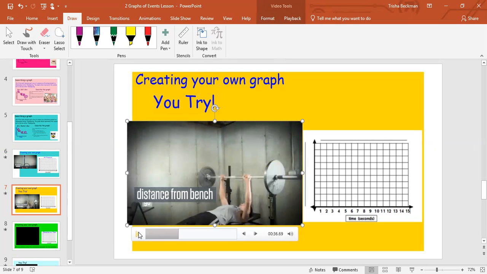All right, especially think about, where did the bar start, where did the bar end, and then try to fill in the details as much as possible.